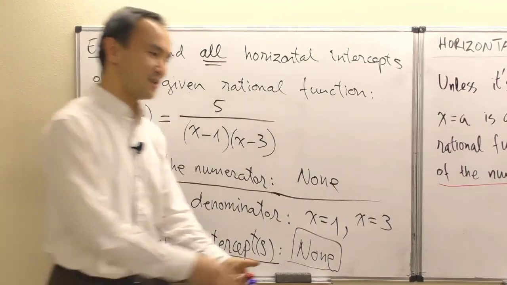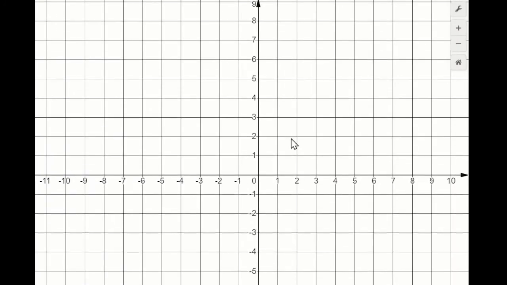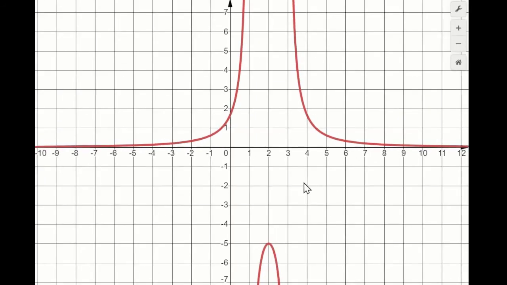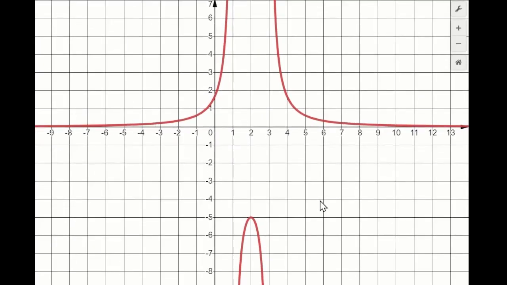All right, so now in the graphing space with my graphing utility, this is our graph for this function. Yes, admittedly, we have two vertical asymptotes. One of them is at x equals 1, and the other one is at x equals 3.